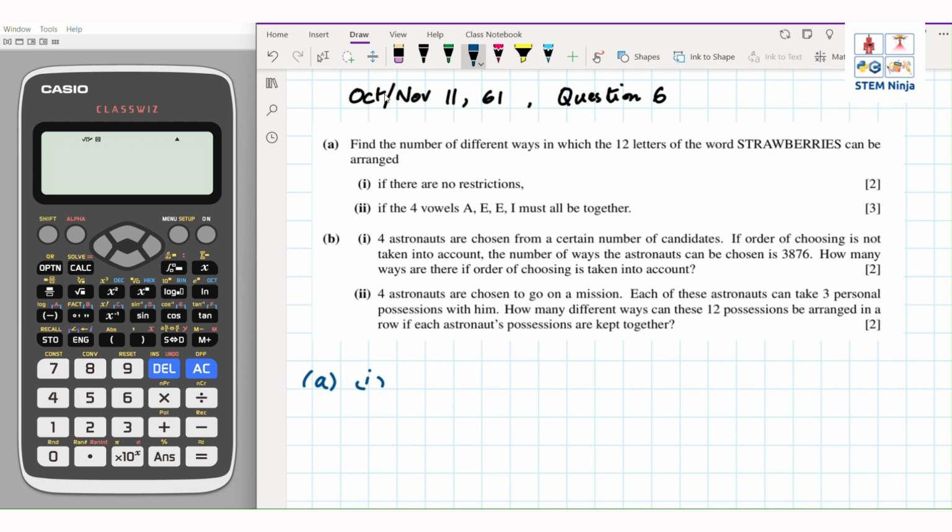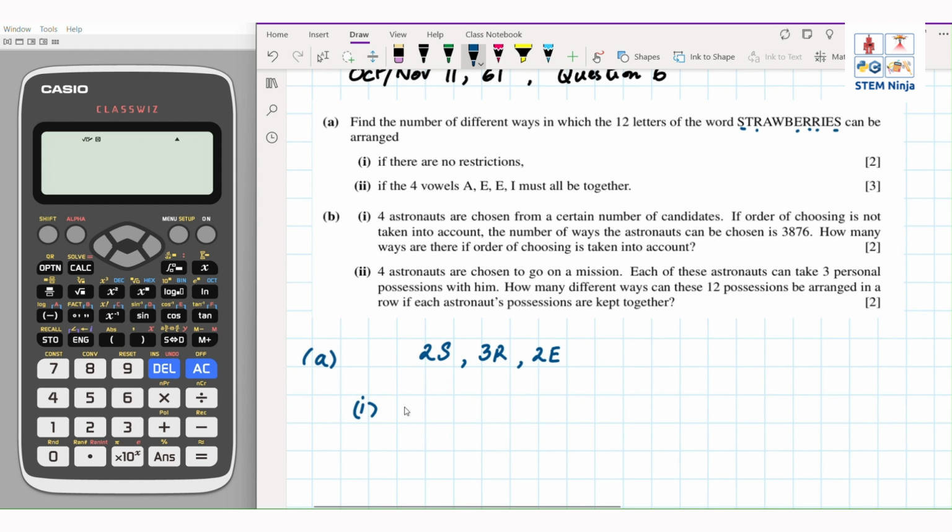So if there are no restrictions, remember, before we start, we have a 12-letter word, but we have 2 S's, 3 R's, and 2 E's. So even if there are no restrictions, we have these identical items. So that would be just 12 factorial divided by 2 factorial, 3 factorial, 2 factorial.